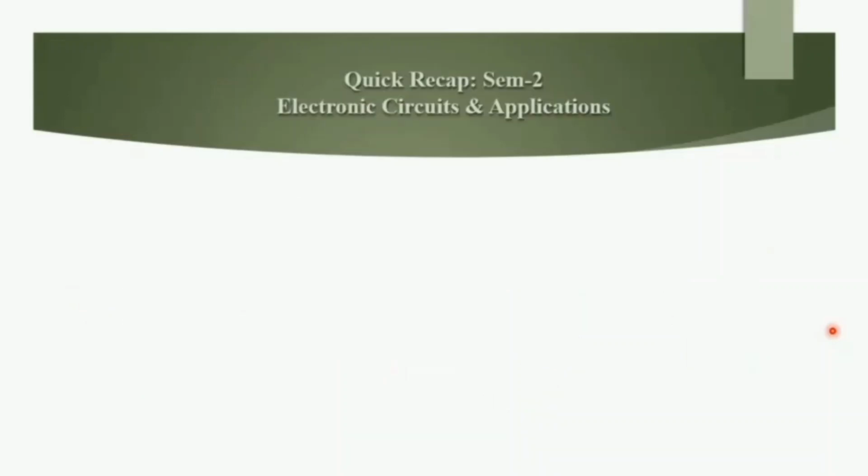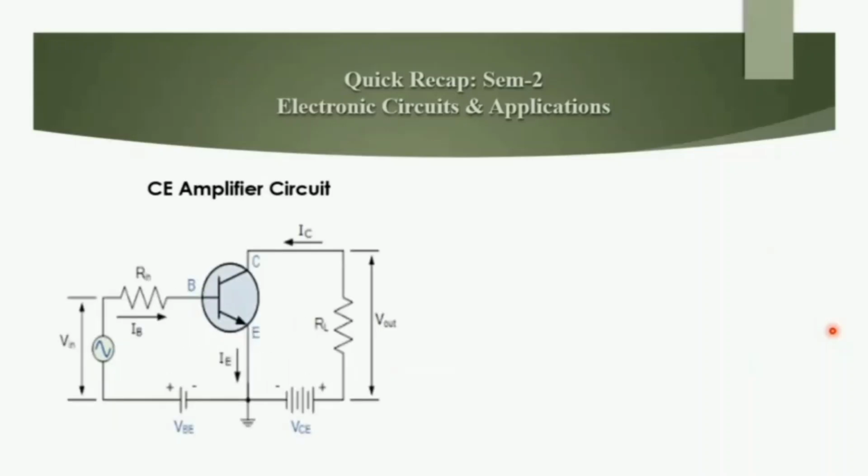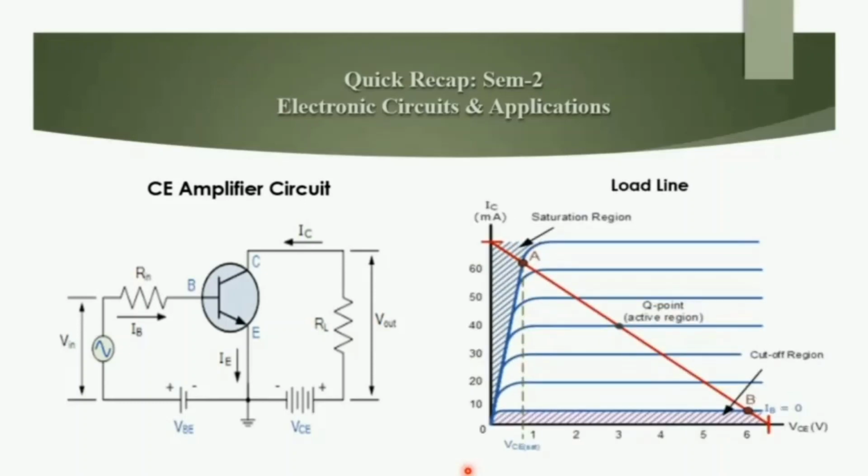In semester 2 subject ECA, you have studied common emitter amplifier circuit. Now, for the analysis of output, we can use either mathematical analysis techniques or graphical analysis technique called load line.